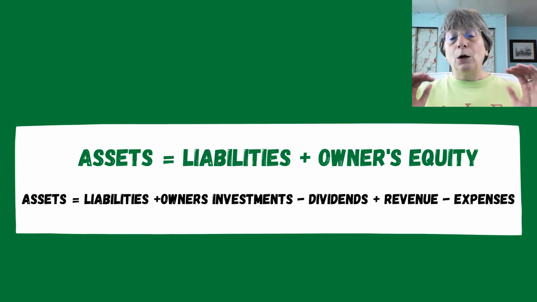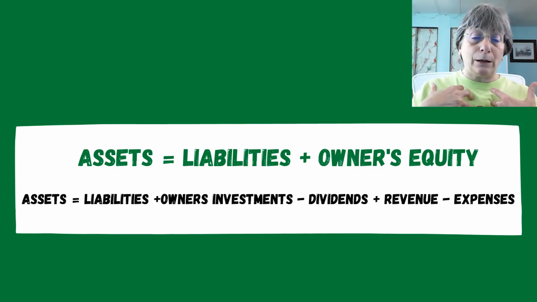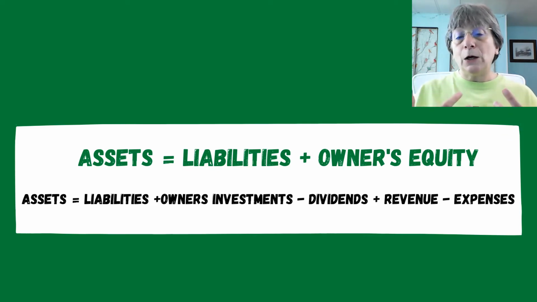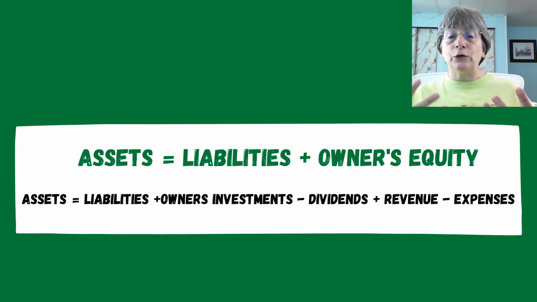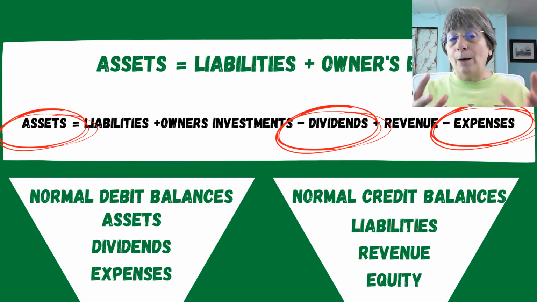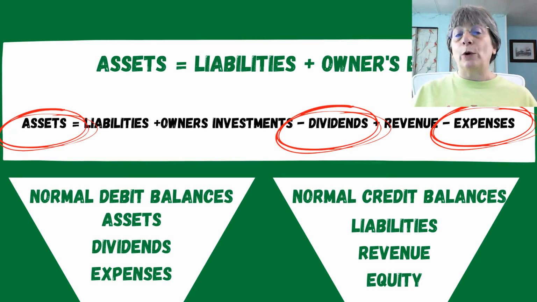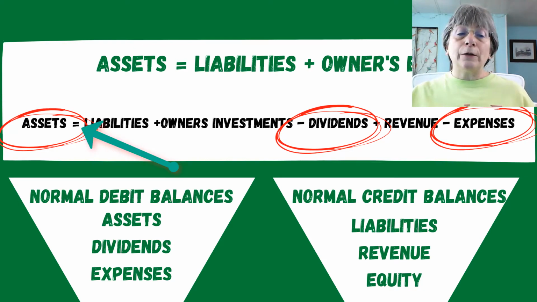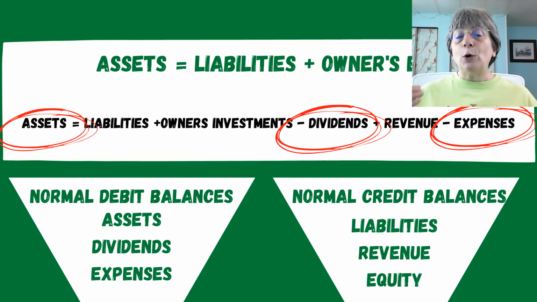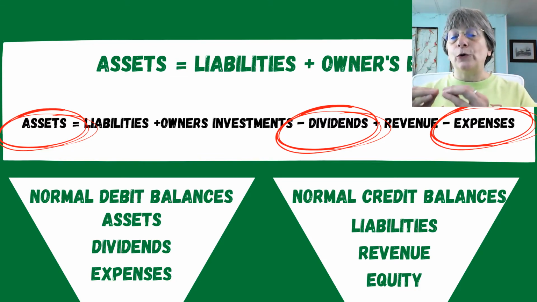And this is the part where your mind is maybe going to be blown, because it was for me, okay? And to be honest, I was like today years old when I figured this out. You ready for this? When we're talking about normal balances, here's the way that's going to work. So over here on the left-hand side, we have our assets. And then if we jump over to the right-hand side of the equation, we have two items that decrease owner's equity.